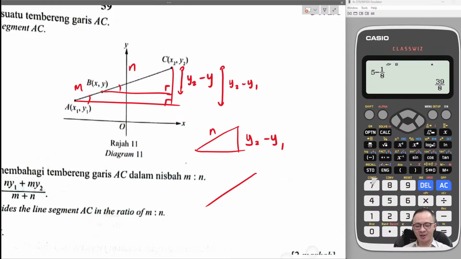We have a bigger triangle and a smaller triangle. This is m plus n. This is y. This is y2 minus y1.